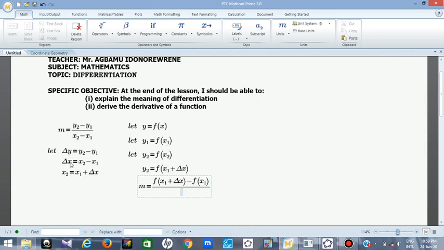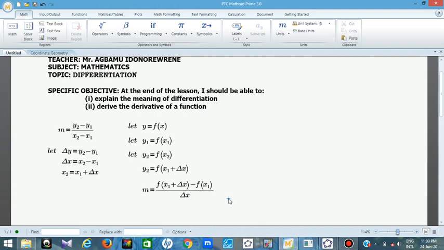Then what is x2 minus x1? We call it delta x. So this is it. This is the differentiation now, which is called the derivative function.